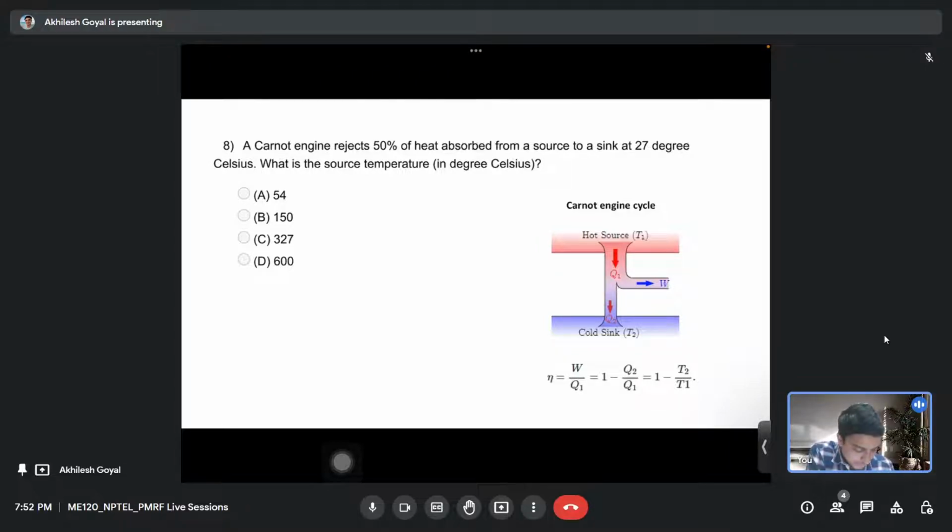So here you can see heat Q1 is taken from the hot source, that is at temperature T1. A small amount of this heat Q1 is converted into work W, and the remaining heat is transferred to the cold sink, that is at temperature T2.